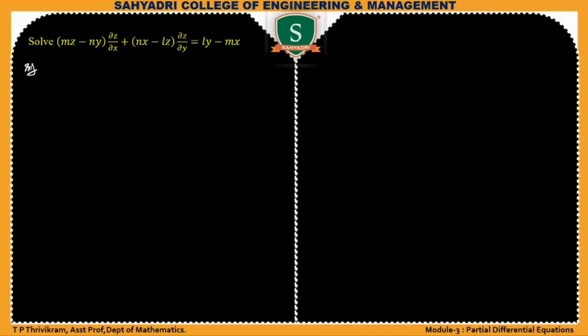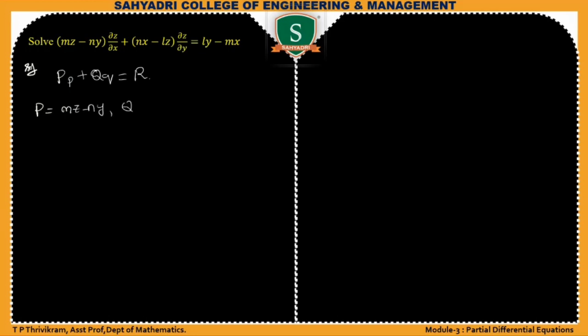Here they asked us to solve (mz minus ny) into dou z by dou x plus (nx minus lz) into dou z by dou y equal to ly minus mx. So let us see. It is of the form capital P into small p plus capital Q into small q is equal to capital R. Where here P is nothing but mz minus ny.